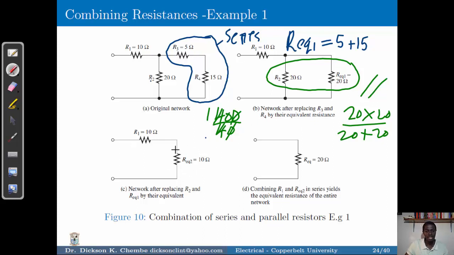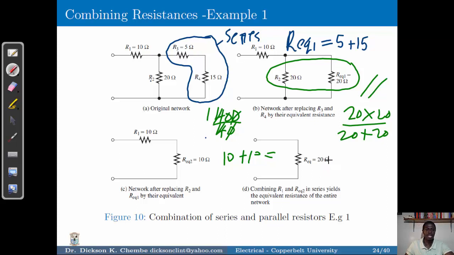And then you notice that in the remainder of the circuit, you've got R1 and Req2 connected in series. So you simply add 10 plus 10 to give you 20. That is how you obtain the final equivalent resistance of the circuit.